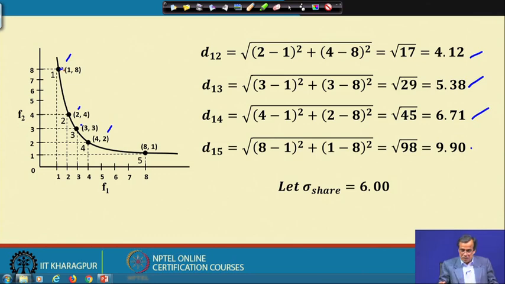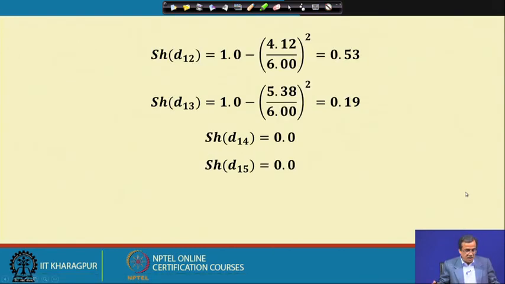Now, actually what we do is we will have to set some fixed value for this particular sigma CR, and let me assume that sigma CR is equal to 6.00. Now, if this is the situation, let us see how to find out the sharing function.